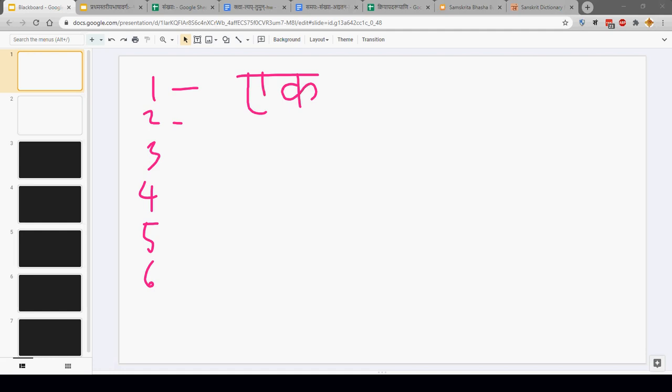So all the numbers are Visheshanam, adjectives, so they follow the same rule most of the times. Now Eka is 1 adjective. In Pullingam, Ekavachanam, Prathama Vibhakti, it becomes Ekaha.